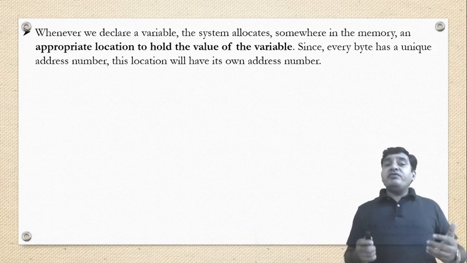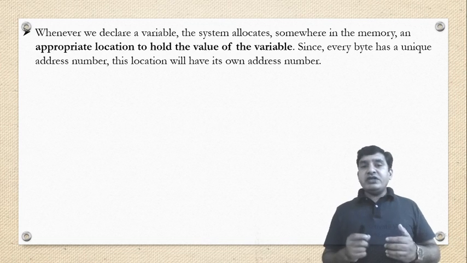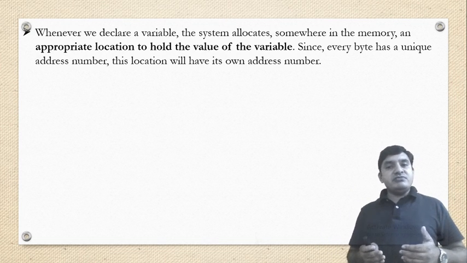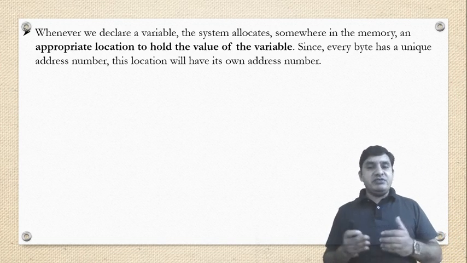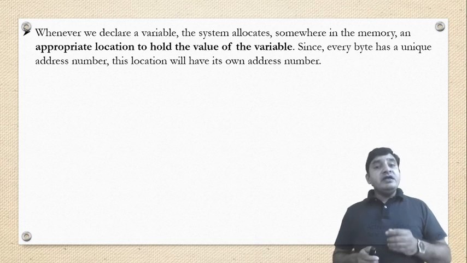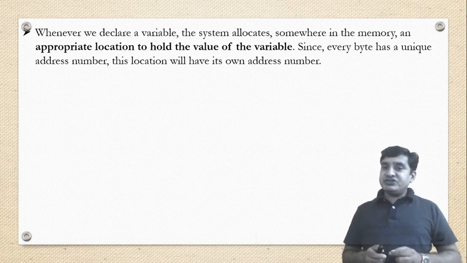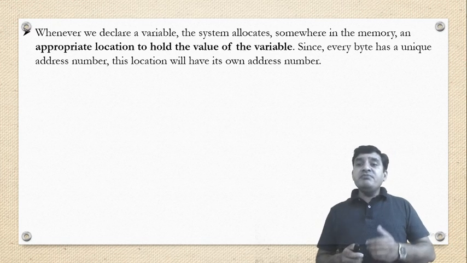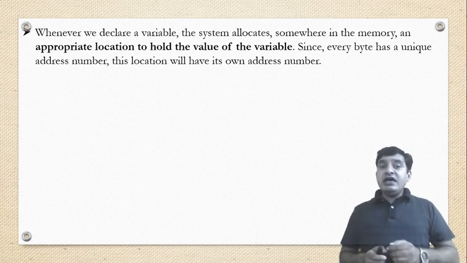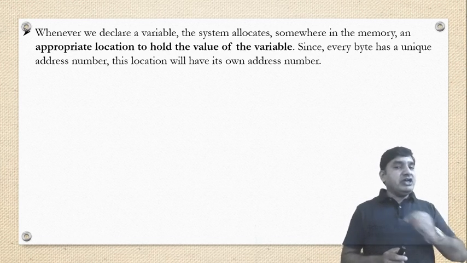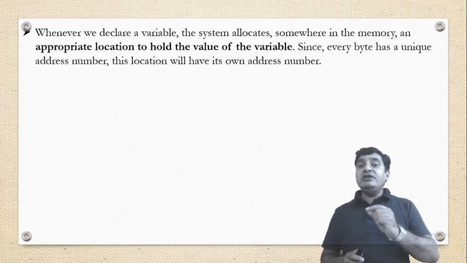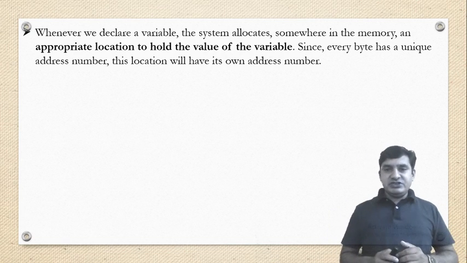Whenever we declare a variable, we know that while writing programs we require a number of variables. Then the system allocates somewhere in memory an appropriate location to hold the value of that variable.